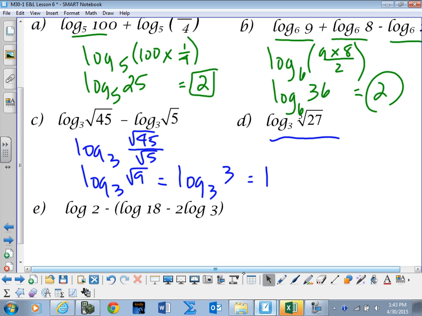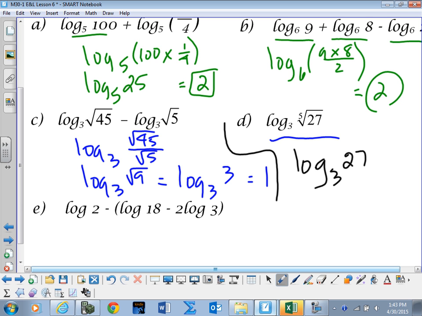All right, I'm going to switch colors here so you can see the separation. Log base 3 of, let's see, log base 3 of the 5th root of 27. I don't know what the 5th root is. If that was a cube root, I would go ahead and cube root 27, but it's the 5th root, and that's not a nice number.